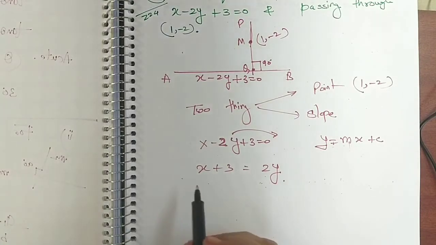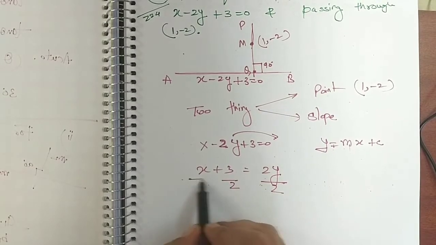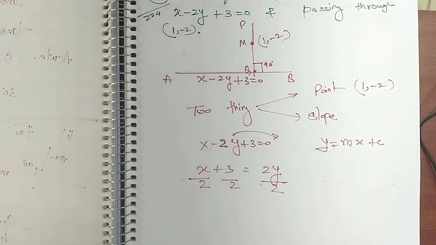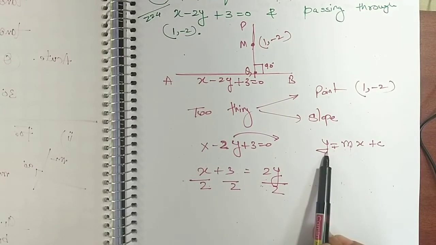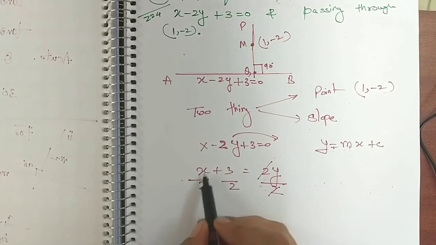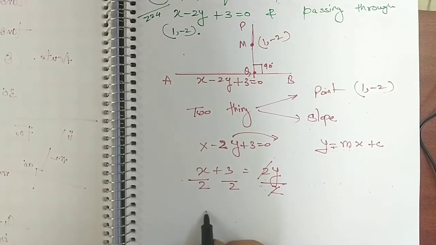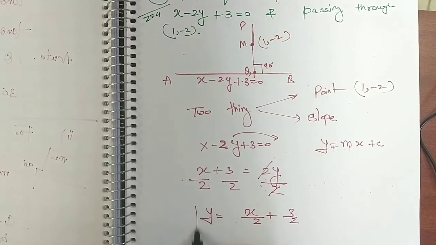Now, can I divide by 2 everywhere? Why? Because if I compare with this, y should not have any coefficient. So I'm trying to get rid of this 2. I am just writing it the other way around: y is equal to x by 2 plus 3 by 2.